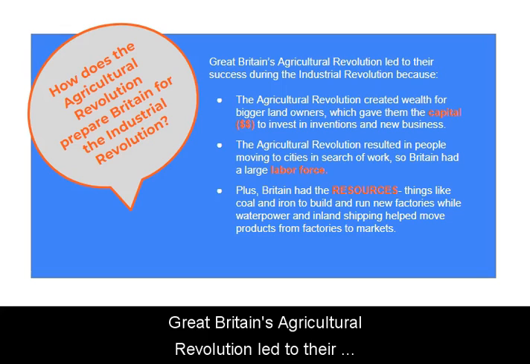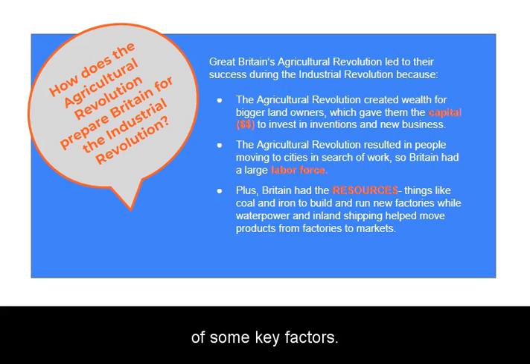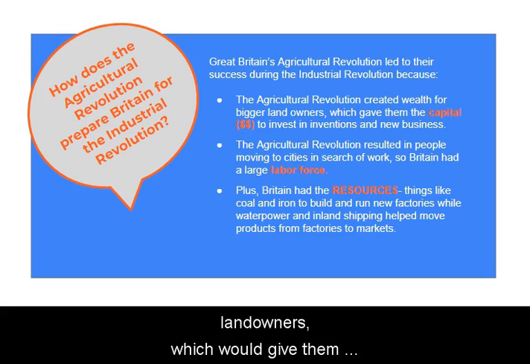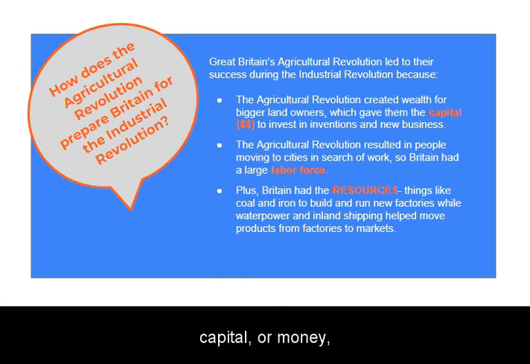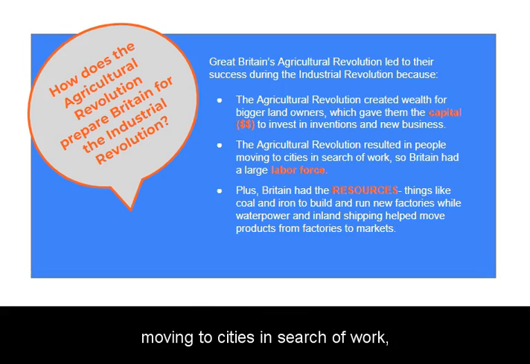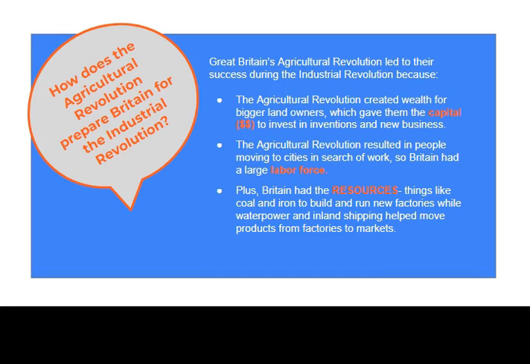Great Britain's agricultural revolution led to their success during the Industrial Revolution because of some key factors. The agricultural revolution created a wealth for bigger landowners, which would give them capital or money to invest in inventions and new businesses. The agricultural revolution would result in people moving to cities in search of work. So Britain would have a large labor force that was willing to move or migrate.